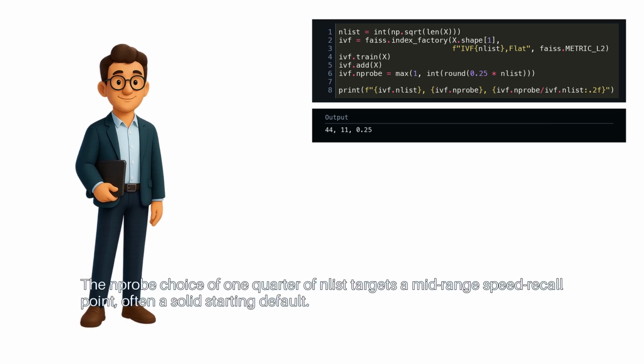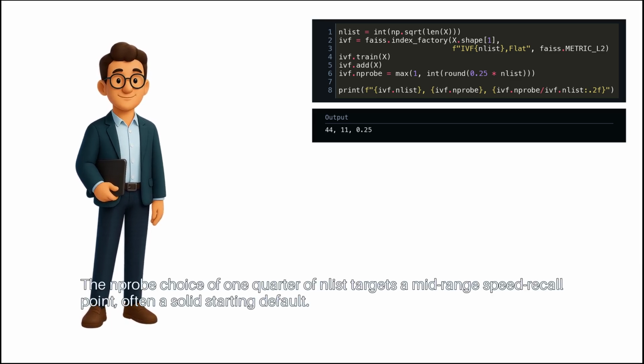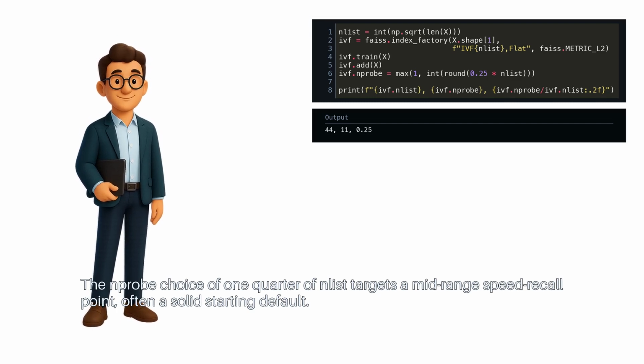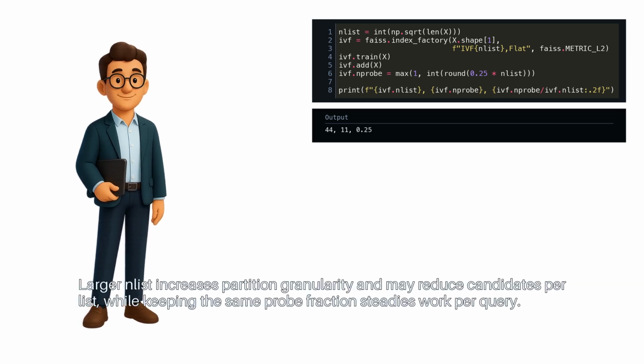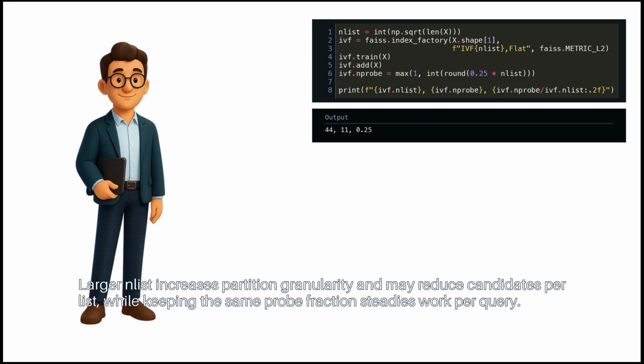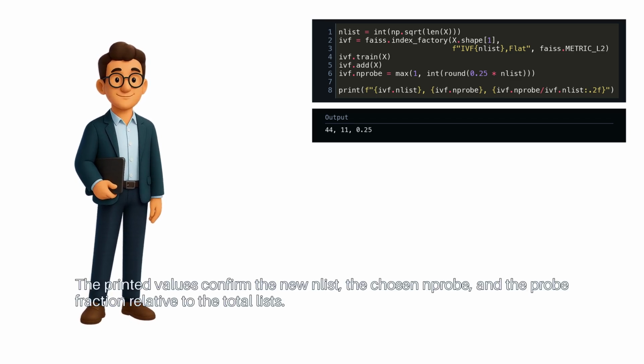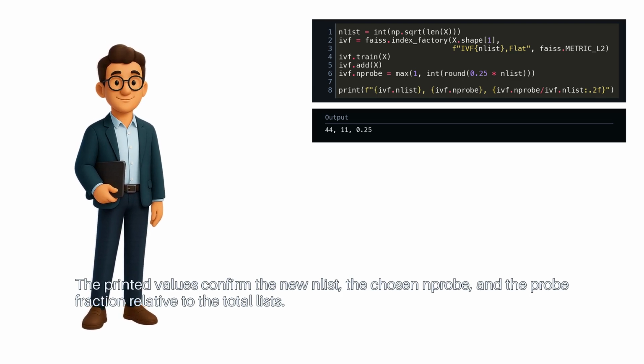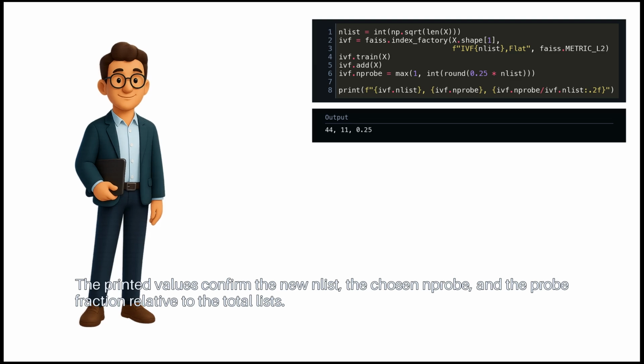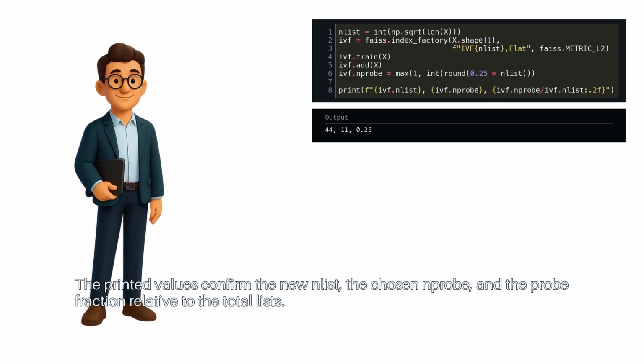The nprobe choice of 1/4 of nlist targets a mid-range speed-recall point, often a solid starting default. Larger nlist increases partition granularity and may reduce candidates per list, while keeping the same probe fraction steadies work per query. The printed values confirm the new nlist, the chosen nprobe, and the probe fraction relative to the total lists.